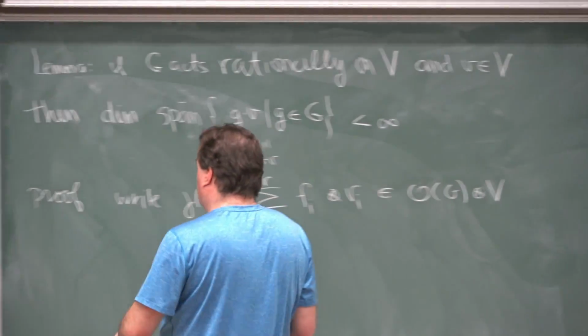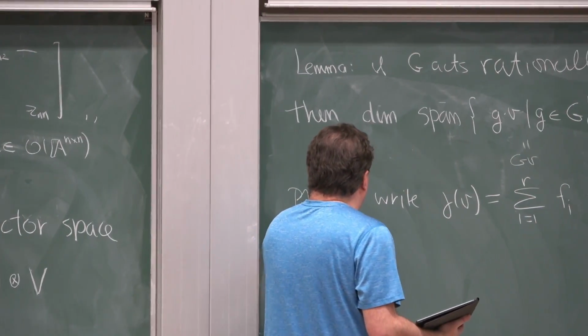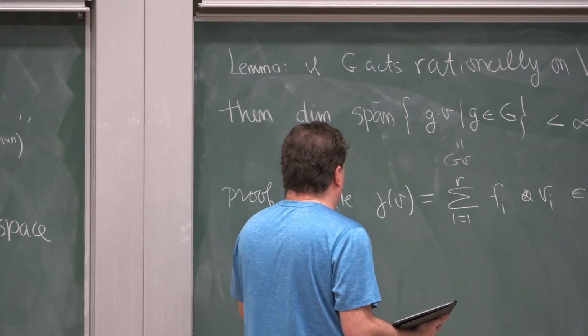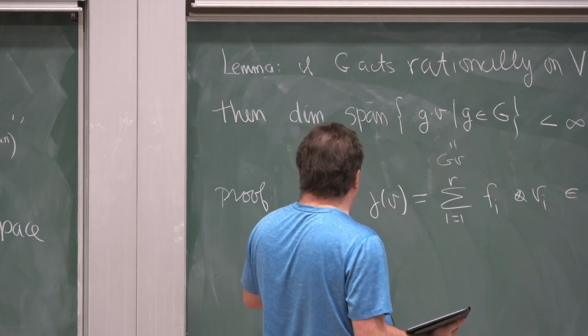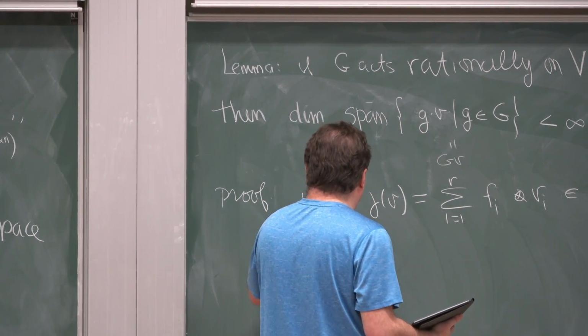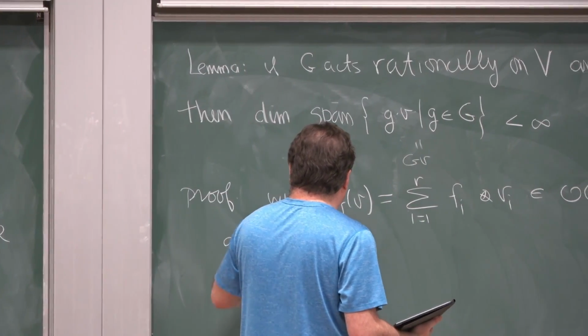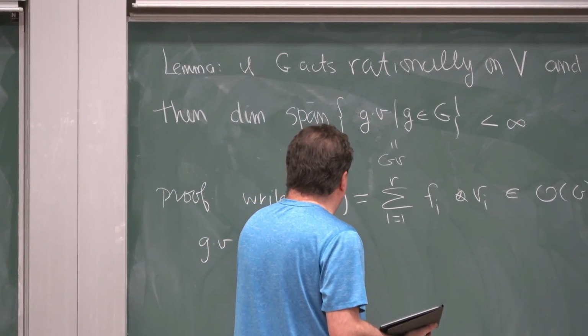So in particular, if we look at how g acts on v, this by definition is g star tensor identity applied to gamma of v.